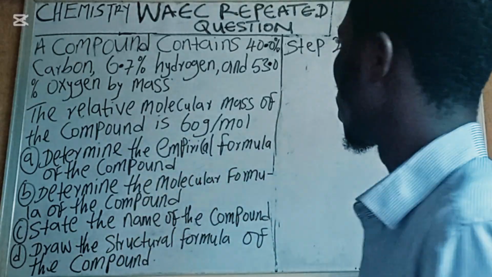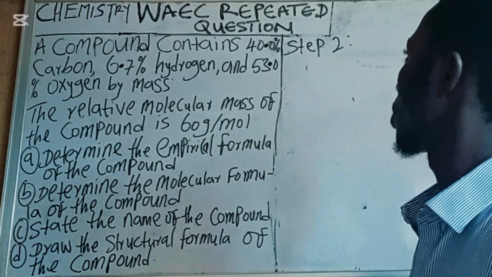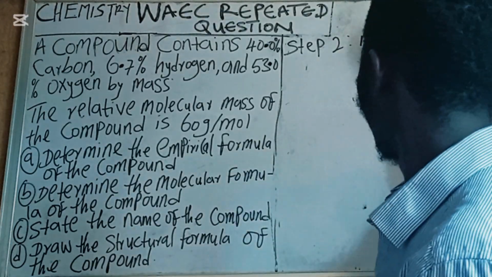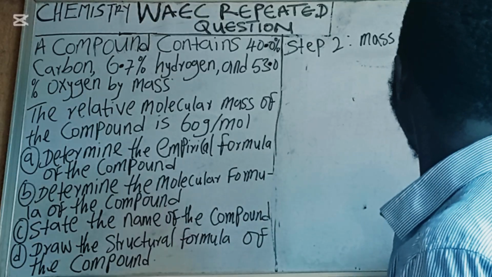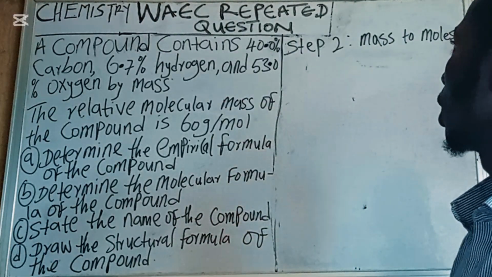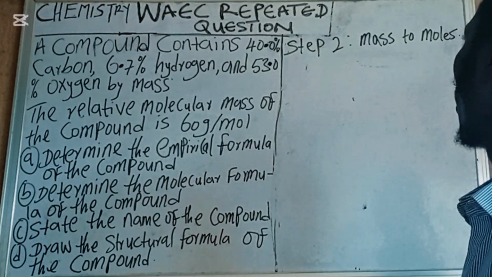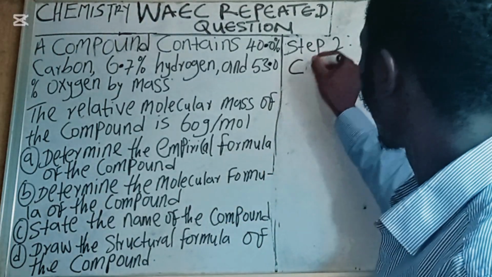This is step 2. After converting our values to grams, the next step is to convert mass to moles. We have already succeeded in converting percent to grams, so now we are converting mass to moles. Let's start with carbon.